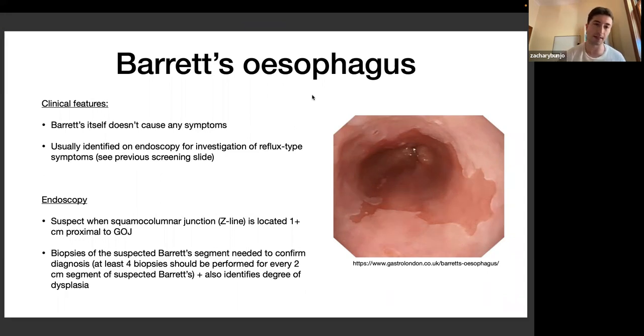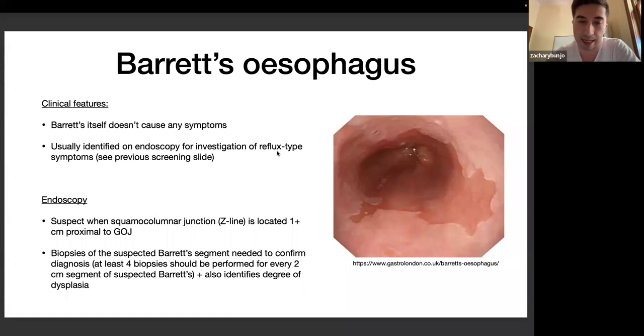On endoscopy, you suspect it when the squamocolumnar junction, or Z-line as it's commonly referred to, is located at least a centimetre more proximal to where it would typically be at the GOJ, and you can appreciate that on this image here. So this is basically an endoscopic view of the esophagus looking towards the GOJ, and you can see these tongues of salmon-coloured mucosa, and that's the Barrett's there.